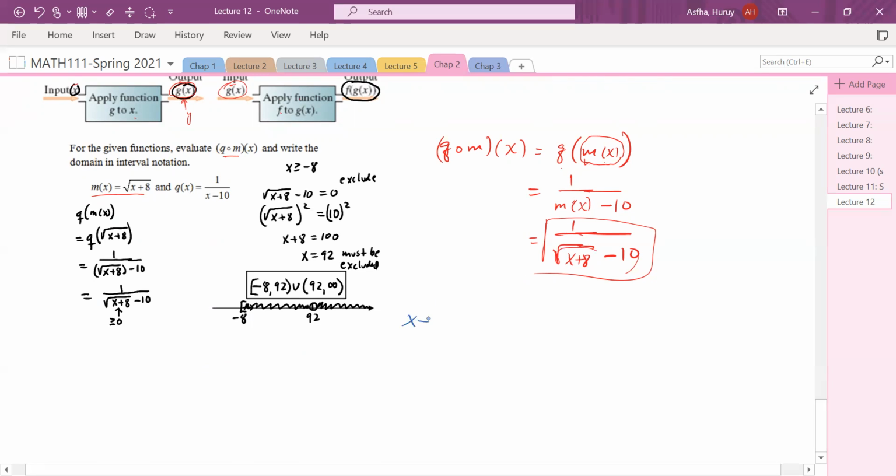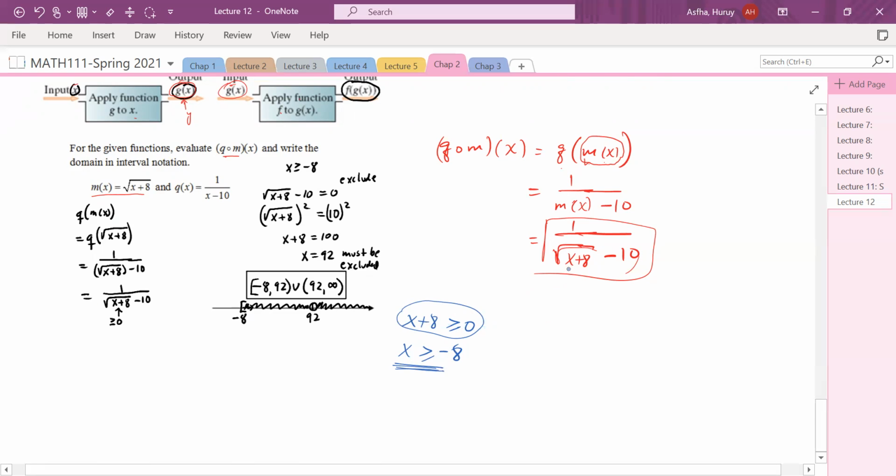Therefore, we want x plus 8 to be greater than or equal to 0, which means x has to be greater than or equal to -8. So x has to be greater than or equal to -8 just because of this restriction.